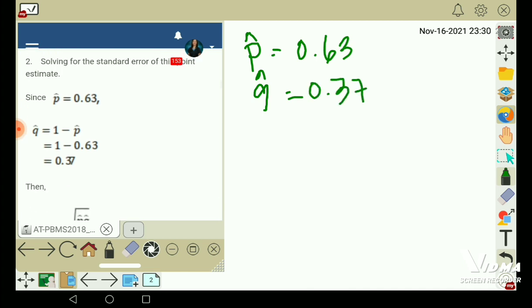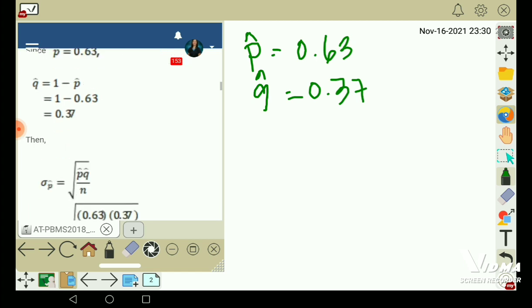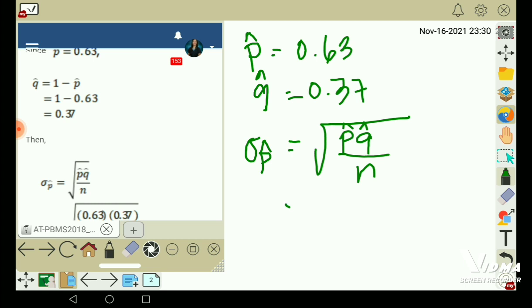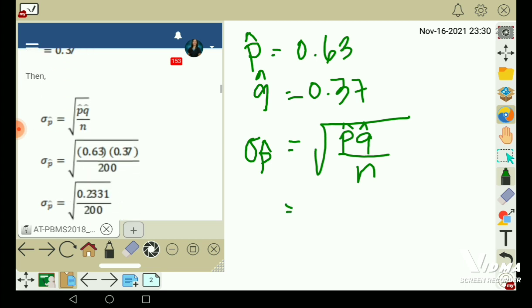Now we will use these values to solve for the standard error, the standard deviation of your sample proportion. So we have sigma sub p hat equals the square root of p hat times q hat over the sample size. So just simply substitute.